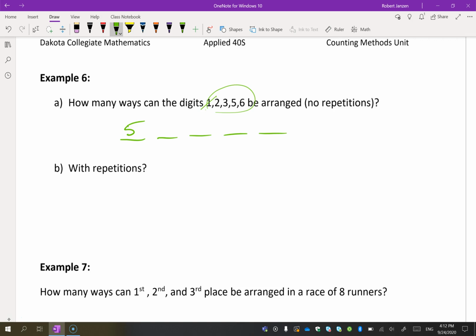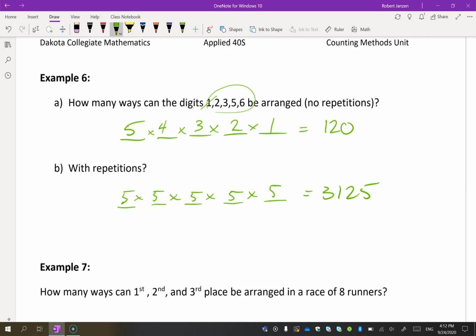How many can go in the next spot? 4, and then 3, and then 2, and then we only have one number left there. Okay, so 120 different ways. If we did the same question, but we allowed you to use the number over and over again, then you would have 5 times 5 times 5 times 5, because you could use any number in any of those spots. Okay, I think that's 3,125.